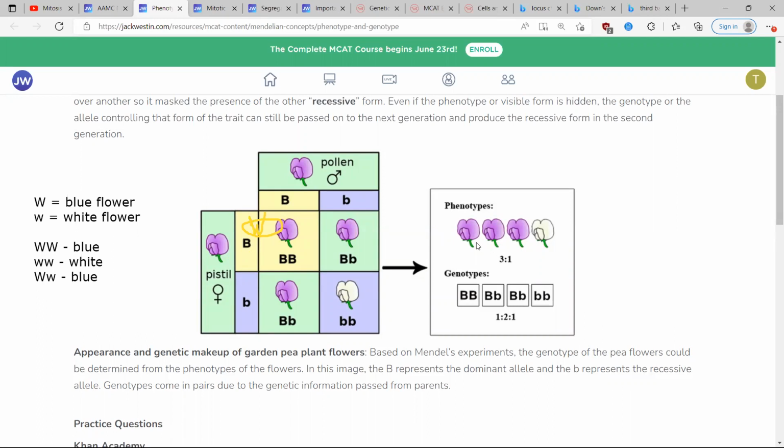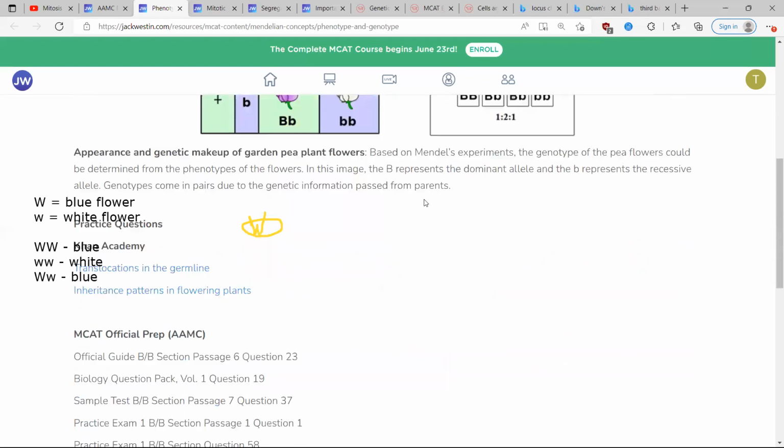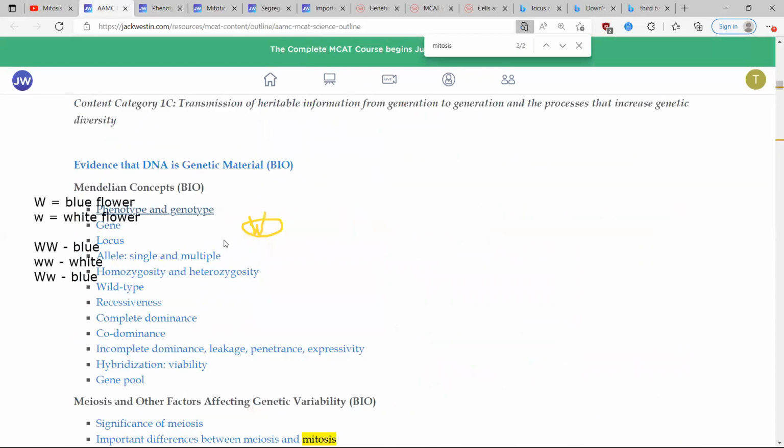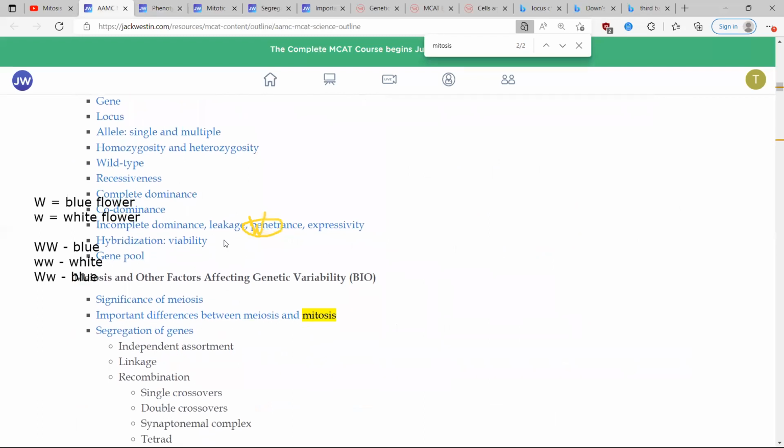The ratio phenotypically is 3 to 1 for purple, but it is not 3 to 1 for the genotype. The genotype is 1 to 2 to 1 because of this capital BB. This is not the same thing as the other 2, even though phenotypically it looks like it's the same. So that's an important thing, the ratio, important to know.